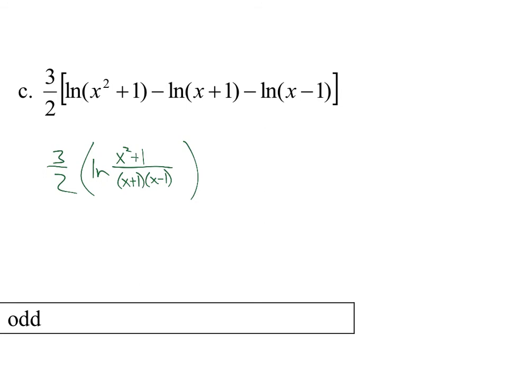And then since that's times 3/2, that whole thing, ln of x squared plus 1 over x plus 1 times x minus 1, would all be to the 3/2 power, or square rooted and cubed.